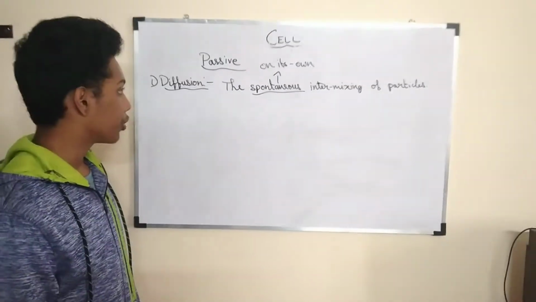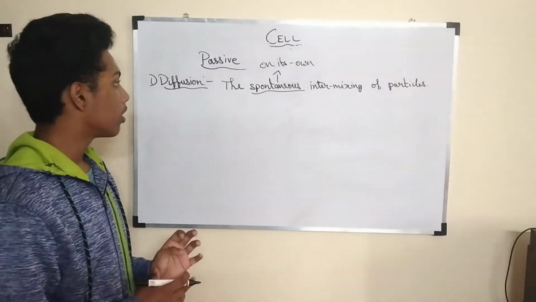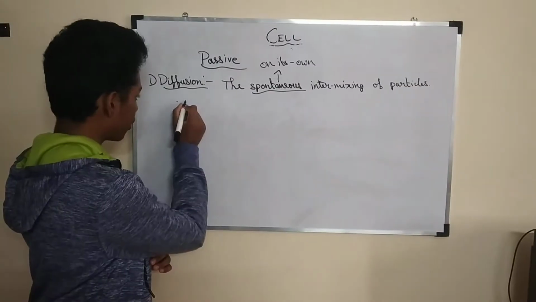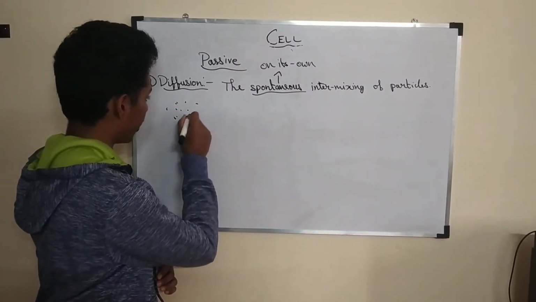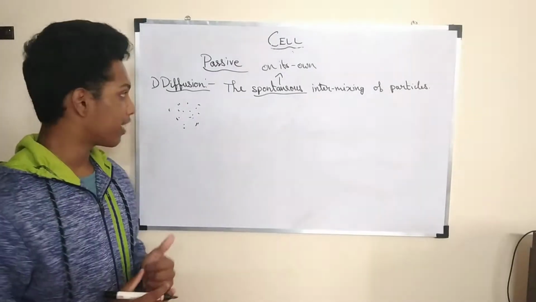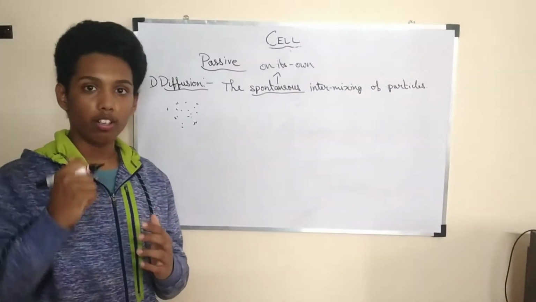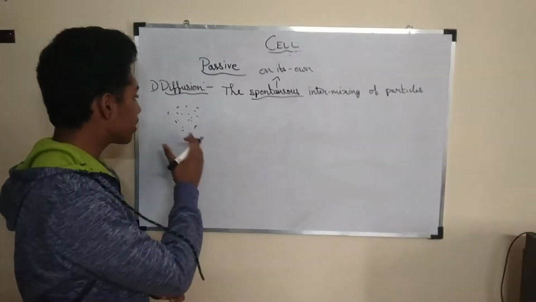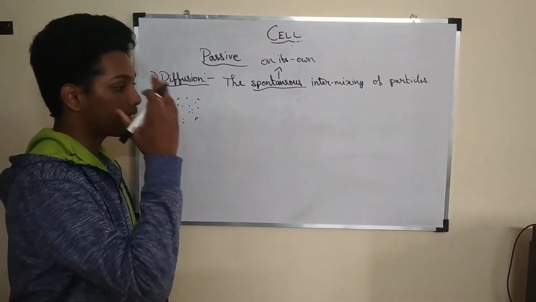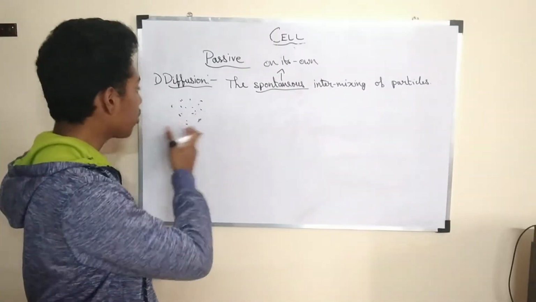is known as diffusion, or you can say the movement of particles from a higher concentration area to a lower concentration area. Just take a spray bottle for example, and if you spray it in a room, at that particular place you would have a higher concentration.